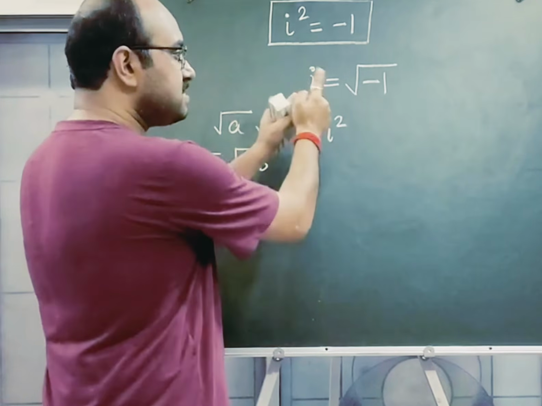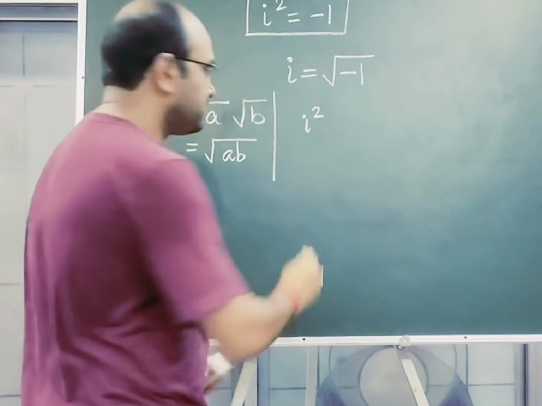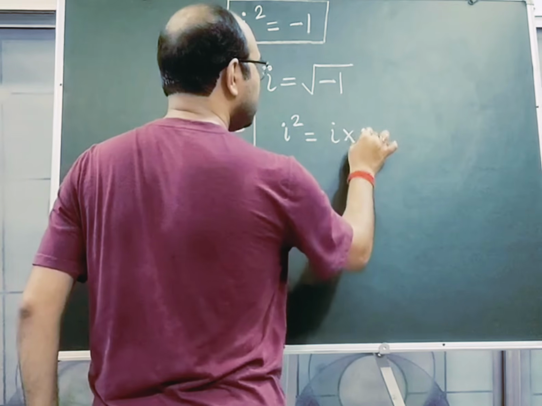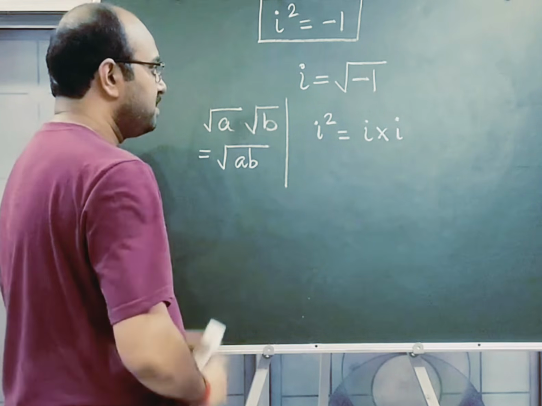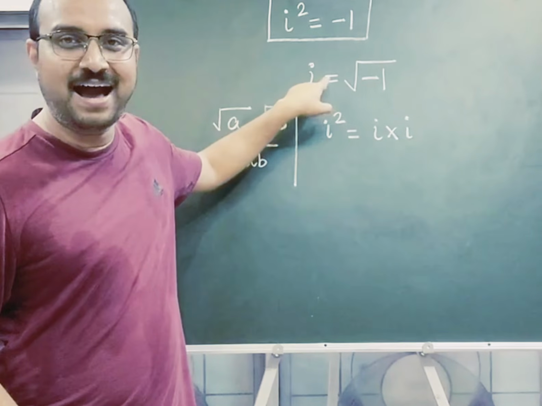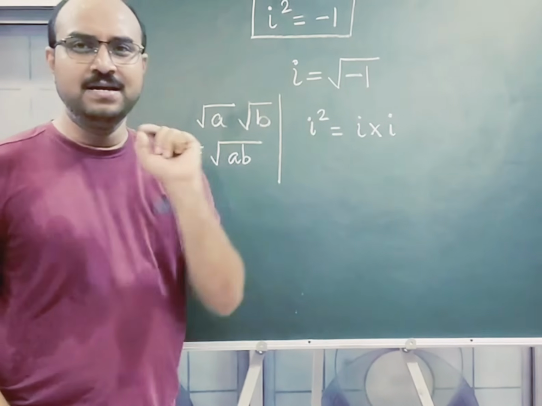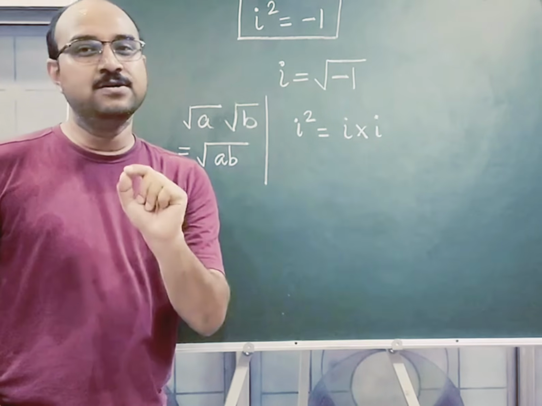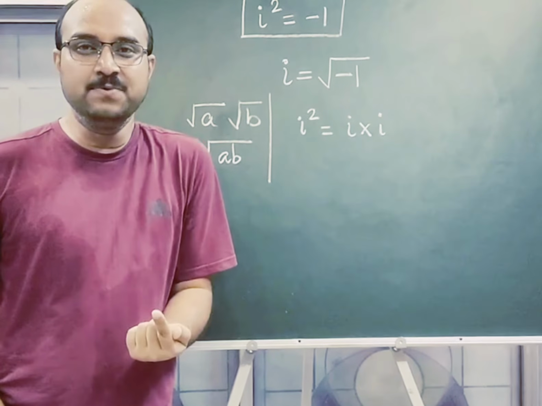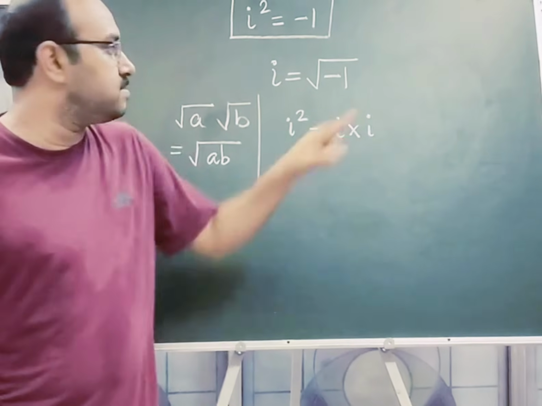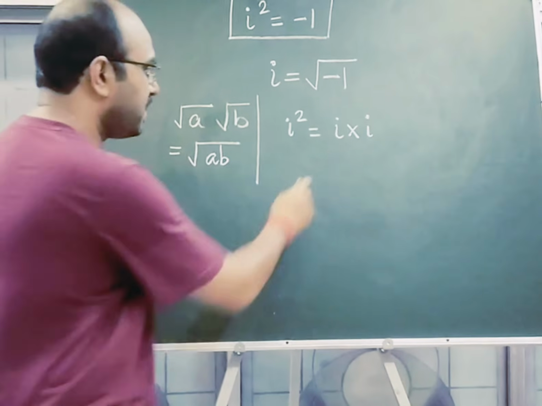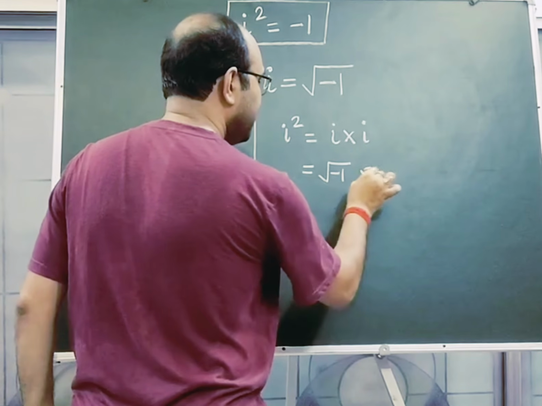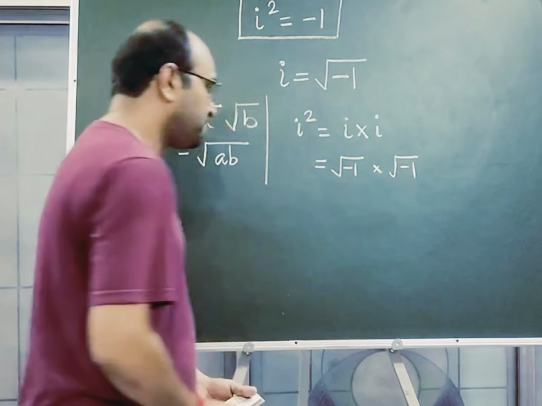So if we go by this definition, let us see what happens. I square, you can tell I square equal to I into I. Now if this is the definition, I equal to root over minus 1, which means whenever you see I, you can replace I with root over minus 1. So I can replace I with root over minus 1 into root over minus 1.